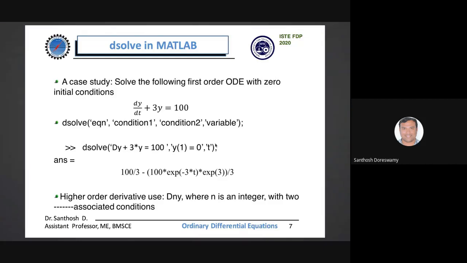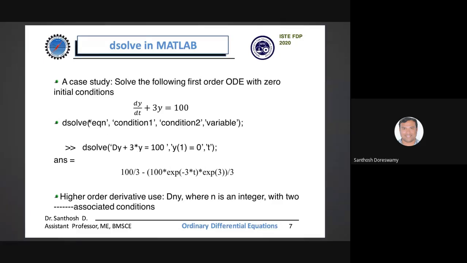A typical command to solve this problem would be as follows. If I type dsolve in the command prompt, capital D refers to the derivative operator. So capital D means d by dt. So Dy plus 3 times y is equal to 100. That is the equation that you write within quotes.